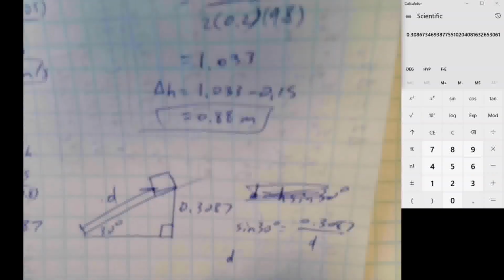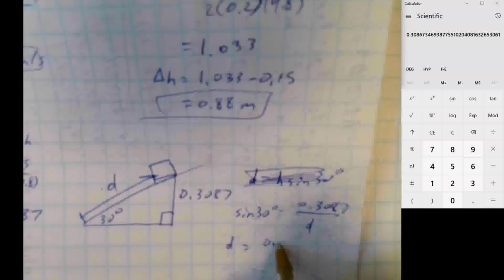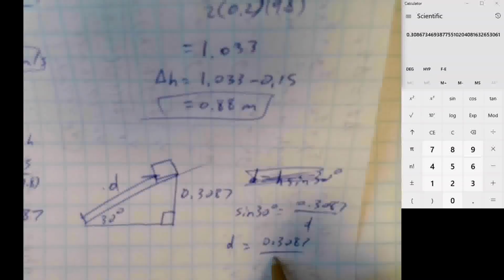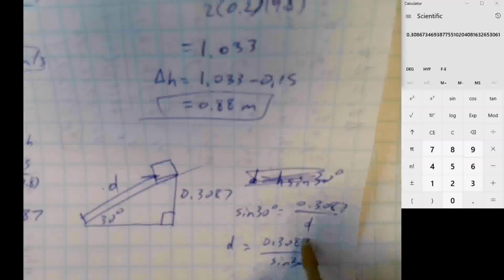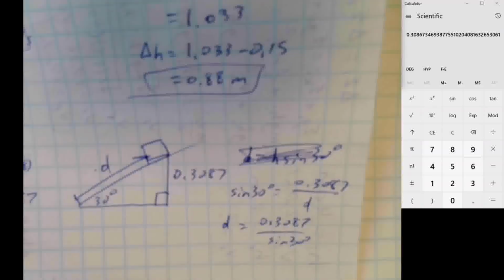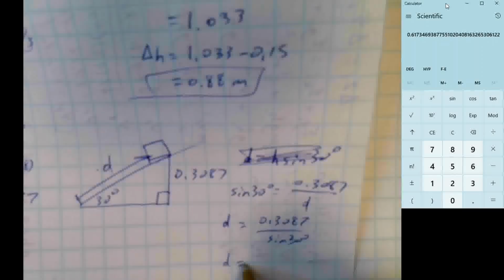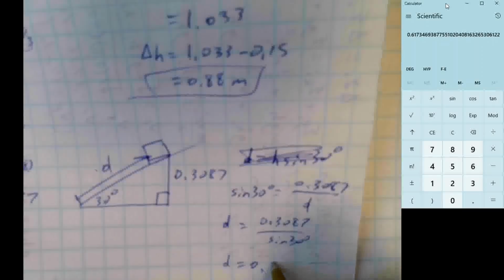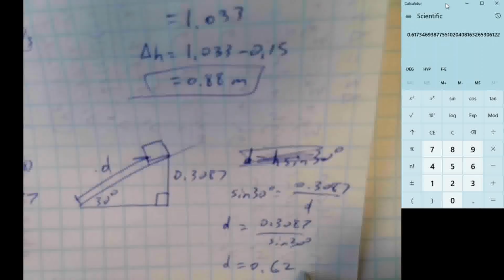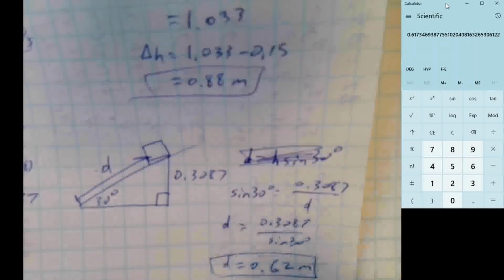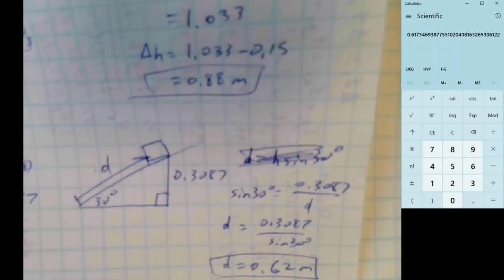So d equals 0.3087 over sine of 30 degrees. Sine of 30 degrees is 1/2. When I divide, that means it's going to double it. So my distance is 0.62 after I round, and that solves that problem.